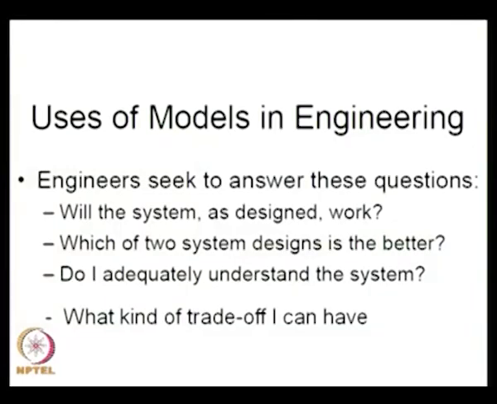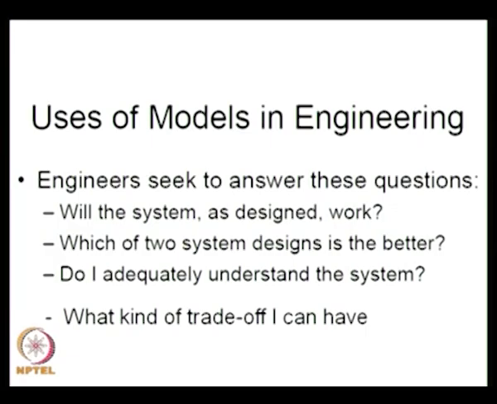So let us see why we need the models and what kind of models can be used. The uses of models in engineering are basically to seek answers to some questions. Will the system as designed work? We are designing some system and we need to see whether it will really work or not, and which of the two system designs is better.